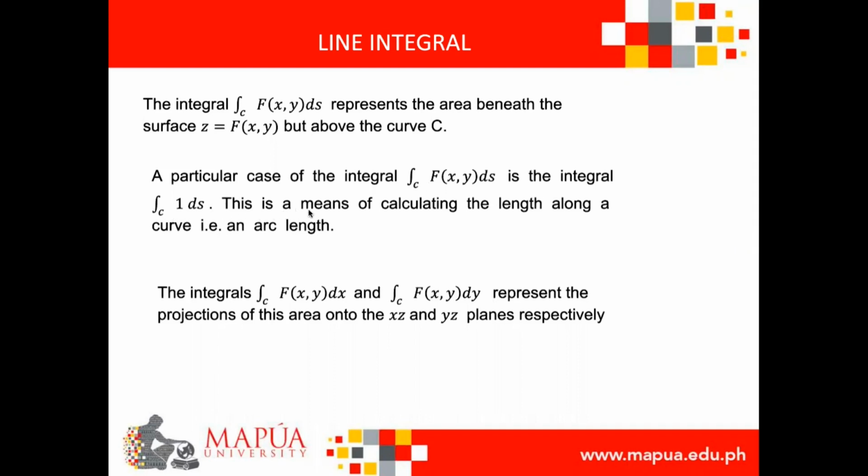This means we are calculating the length along the curve, that is, the arc length. Then the integrals of f(x,y) dx with respect to the curve and the integral of f(x,y) dy with respect to the curve C represent the projections of this area onto the xz and yz planes respectively, as we have seen in the figure from the previous slide.